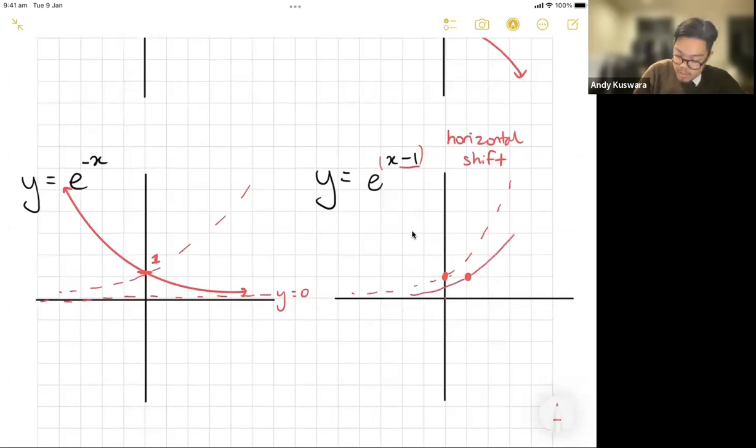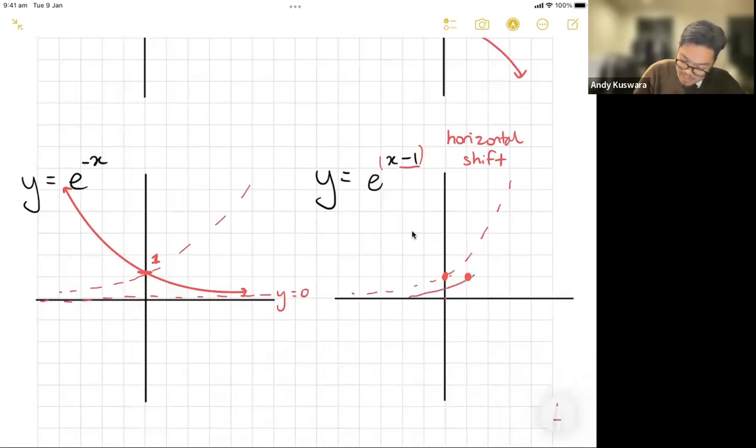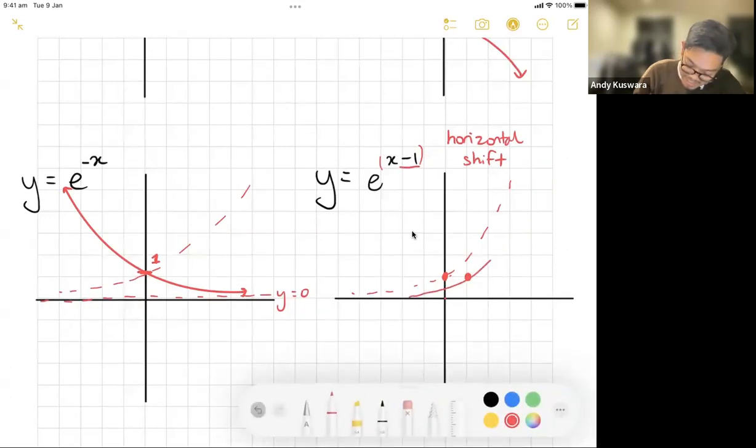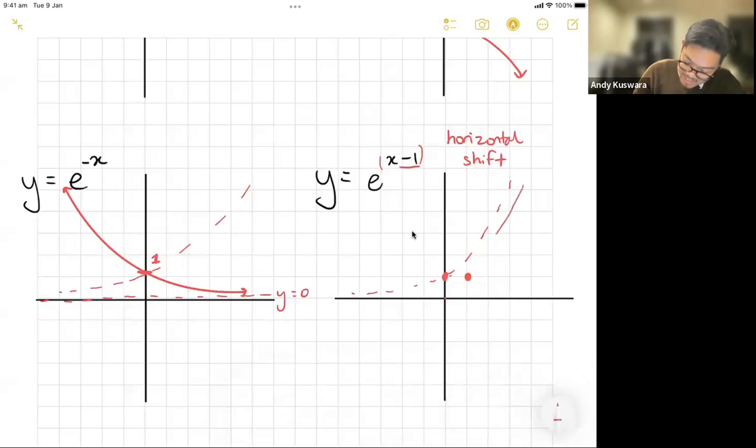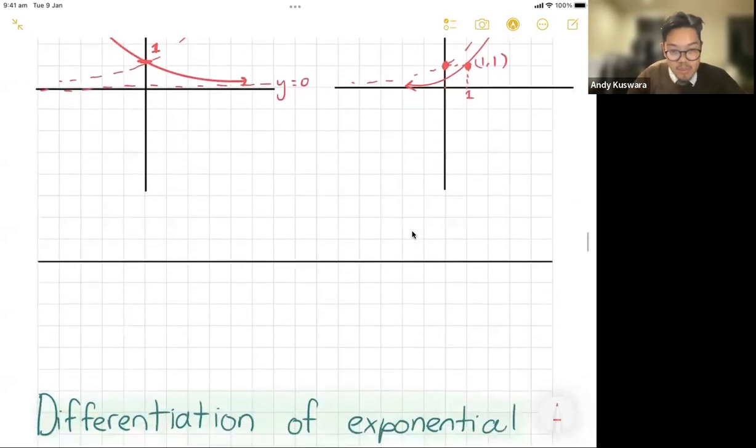I'll try to do a bit better. It should essentially be the same. I'm just struggling at drawing this. That's not bad, not great. But now I know that that point there is (1, 1), because I've moved this point 1 over to the right.